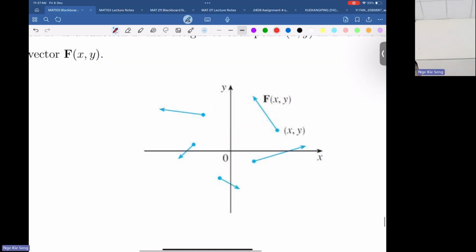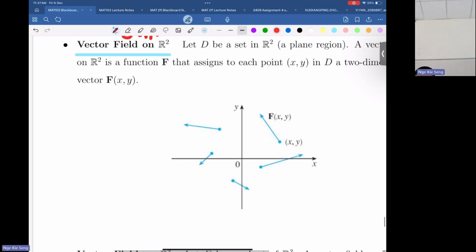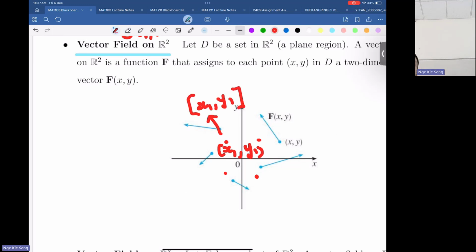There's a natural way to attach a vector: every point in R2 serves as a vector. If this point is (x1,y1), you just put the vector (x1,y1) on this point. In that case, what kind of vector field do you get?